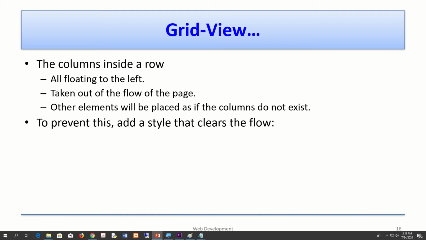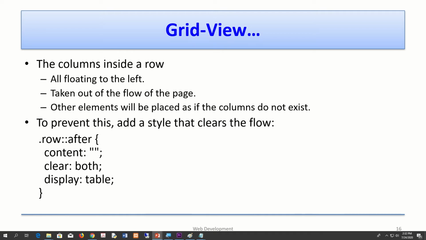To prevent this, we add a style that clears the float. How can we clear it? We can define a class row, and after one particular row we can say content is empty, then clear both, and then display table. This will prevent these problems.